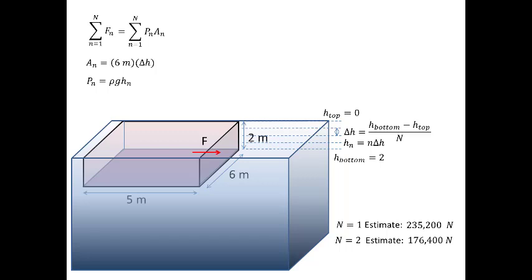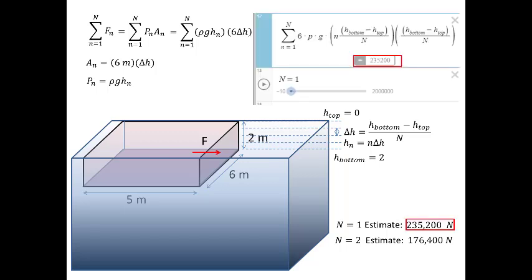So our h sub n, as shown here, looks like it'd be about 1.5 meters. So knowing A sub n and P sub n, we can just throw these back into our summation, and we get this. So this is going to be the total force.